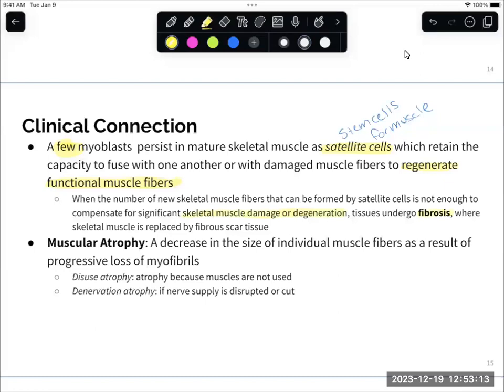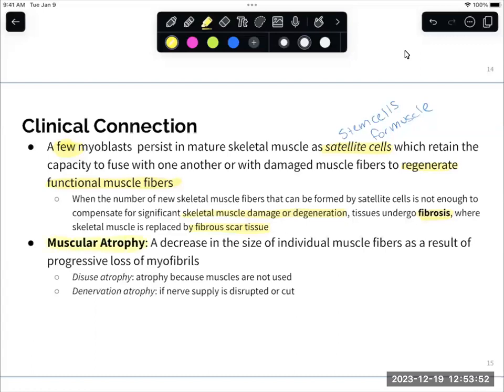Those tissues are going to undergo fibrosis, where there's scar tissue formation where that muscle was damaged. Like the micro tears created in muscles from exercise, which we'll go into a little later in this section, we have enough satellite cells available to fix these little micro tears. If you do have a full-on tear to a muscle, we don't have enough satellite cells available to fix it. So scar tissue is going to form instead.